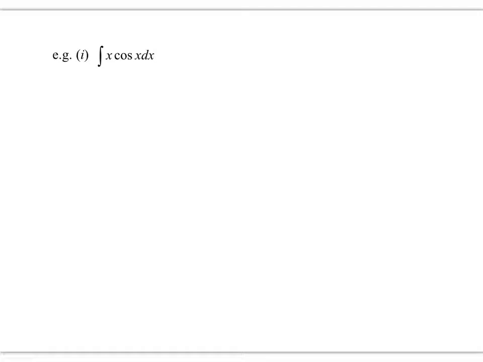Alright, so now we can integrate x by itself and cos x by itself, but when you're multiplying them together, we can't just have a nice simple integration, so we use the product rule. So x is going to be the thing that we choose as u, and dv would be the cos x dx.